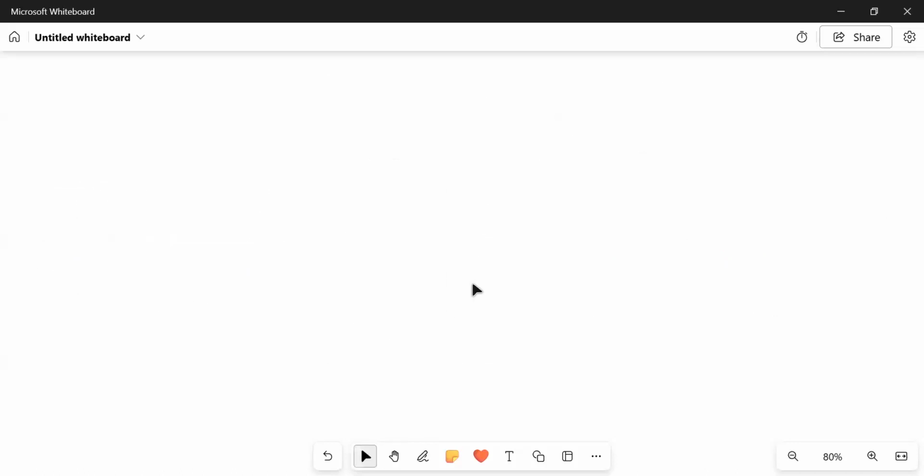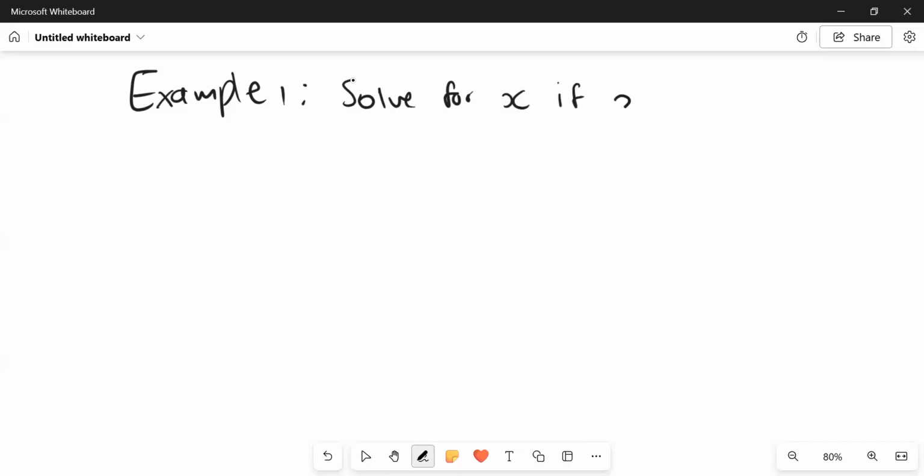So I want us to start with our first example. Example 1, solve for x if we're given x squared equals to 6x.